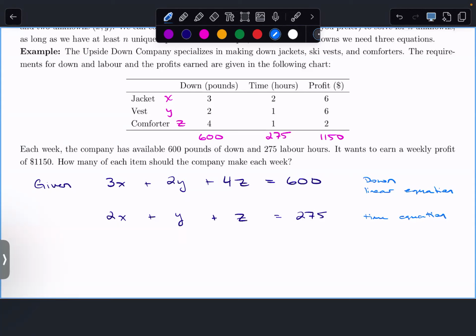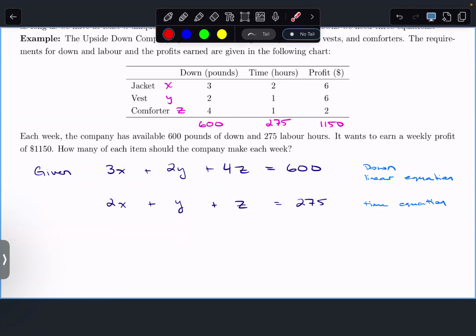And they contribute different amounts to the profit. My gut reaction is that you should make a lot of vests because you get as much profit, but they take one less hour and one less pound than the one making the same amount of profit. Just a gut reaction, right?